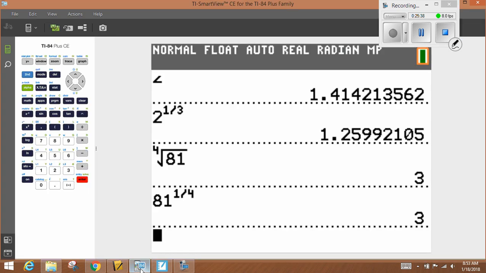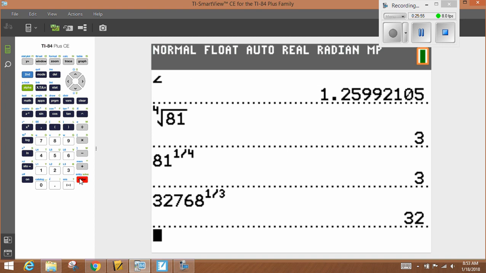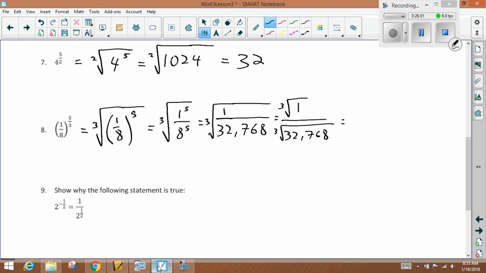It turns out that 32,768 to the 1/3 power is the thing. It's 32. So let's go ahead and put that value in here. So that's 1/32. Woo!